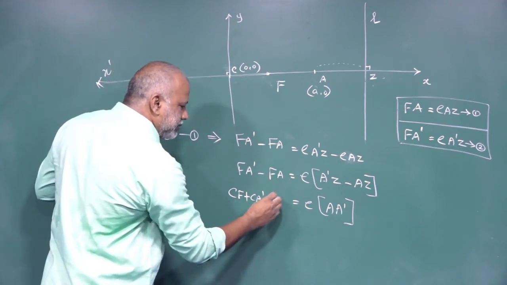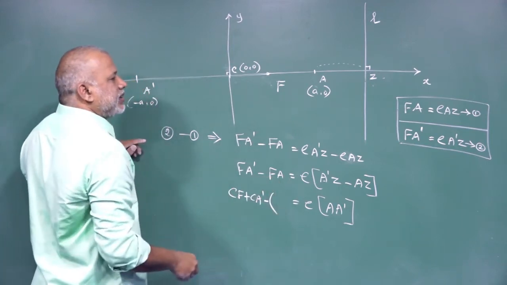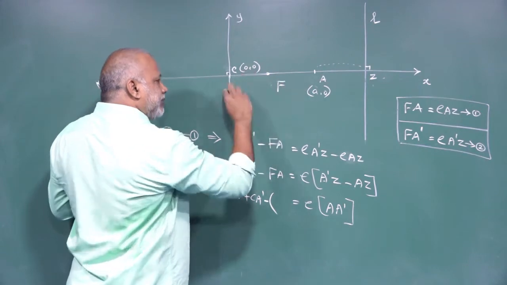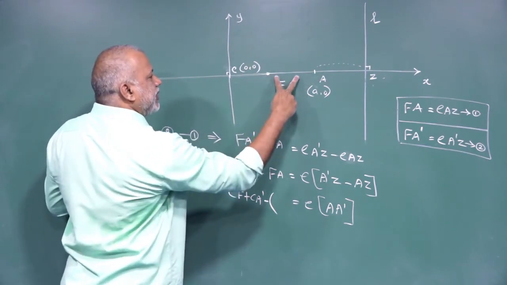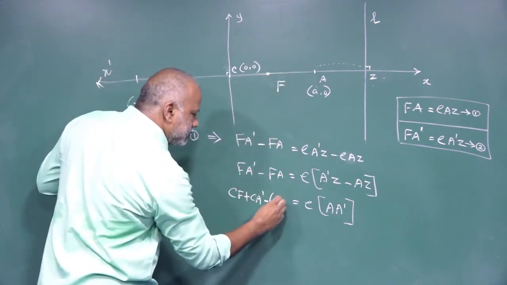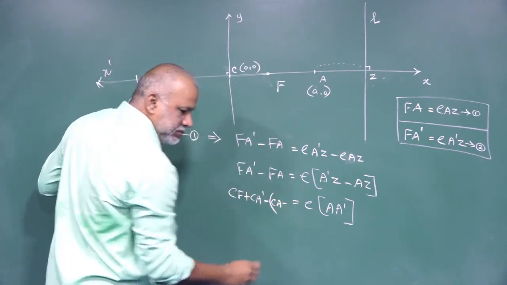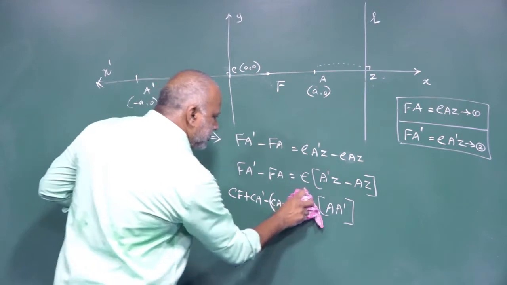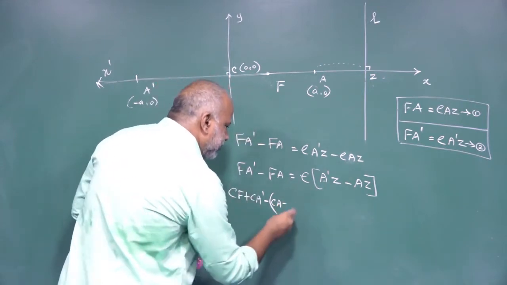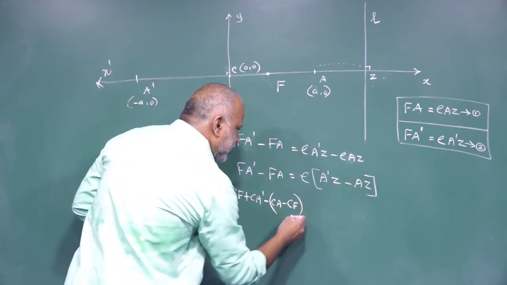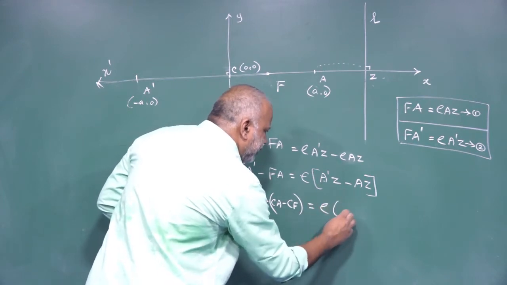Then minus, this becomes minus. Then FA. See this FA here. From the origin, how are we able to write this FA? CA minus CF. Then equal to this is the value of AA dash.